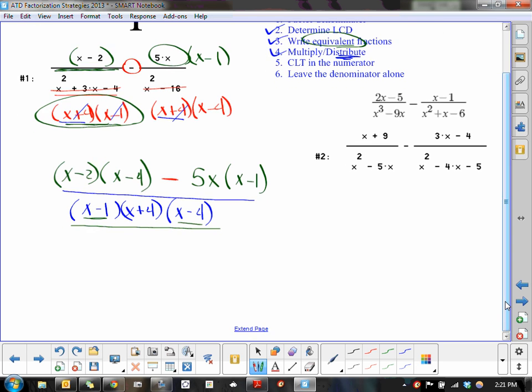Yeah. So run through our distributive property on this. X squared minus 4x minus 2x plus 8. I'll leave that for just a little bit. This is going to be all over this least common denominator.